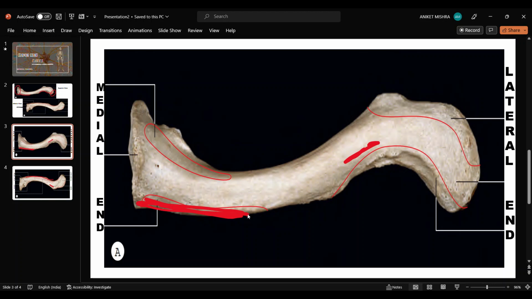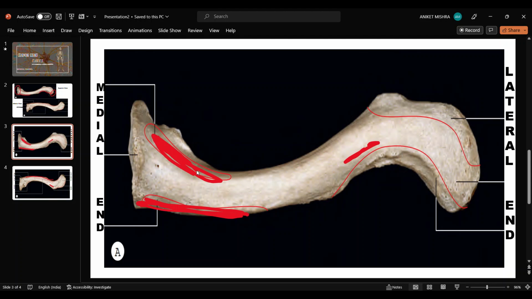The sternocleidomastoid is attached to the medial half of the clavicle. This is the place where the sternocleidomastoid will originate, at the medial half of the superior surface, but the marking on the bone is not much visible or palpable.